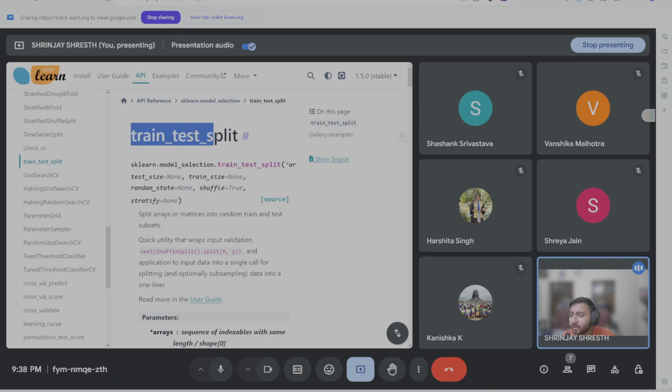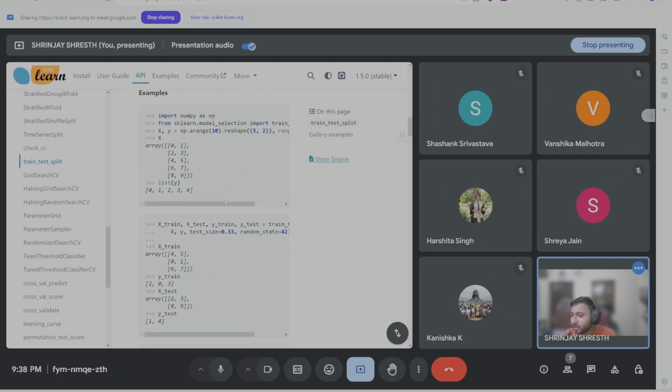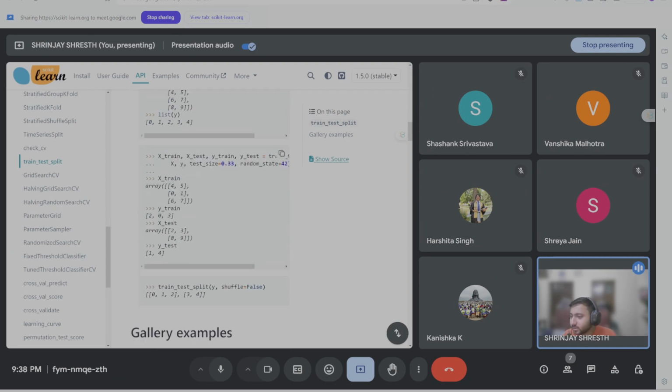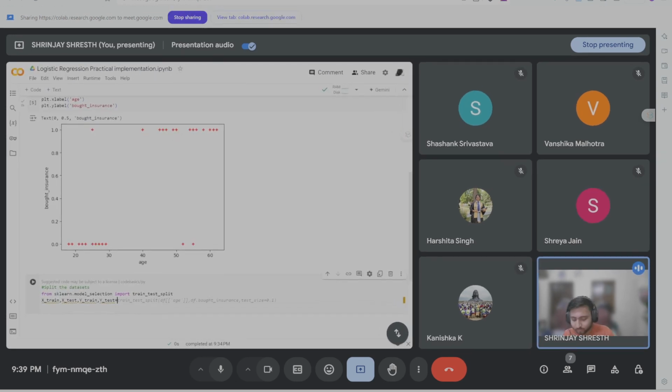There is this function again, train_test_split. So we'll use this thing. We have used this, and now let's see how I am going to split it. Okay, something like this. Control C. I'll head back here, equals to, I want it in one line only.